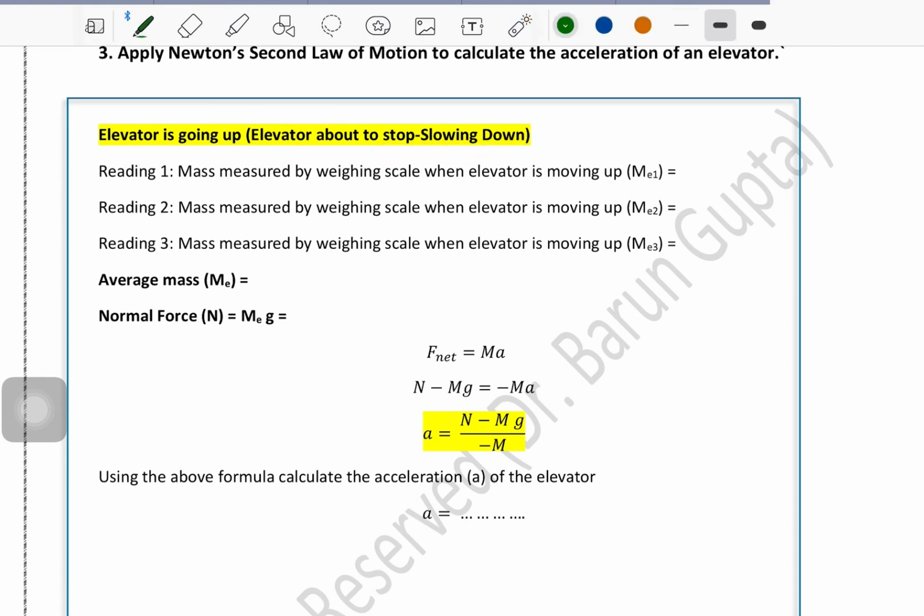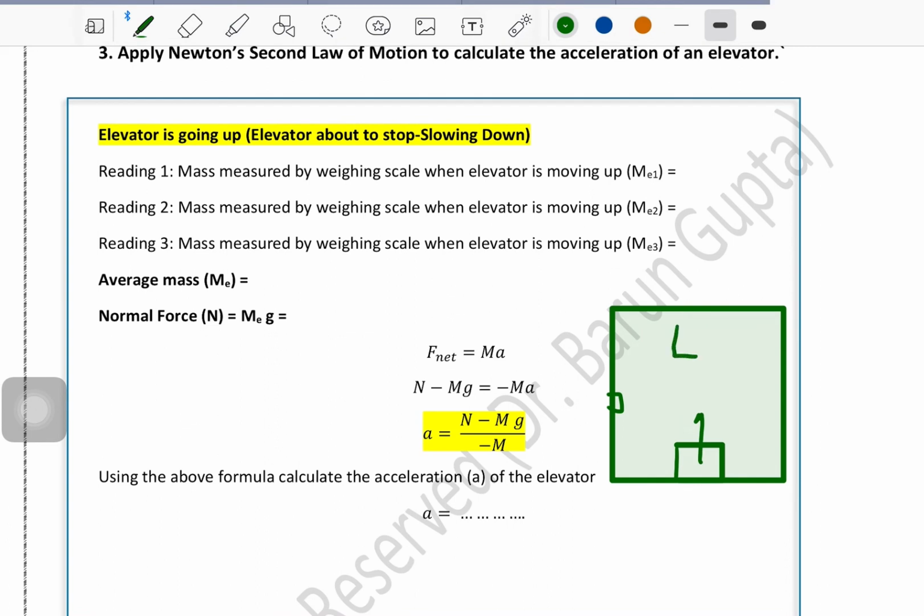So let's say this is your elevator. Okay, so you first press the button here. The elevator starts moving up. And then when it is about to slow down, let's say you went to the third floor.